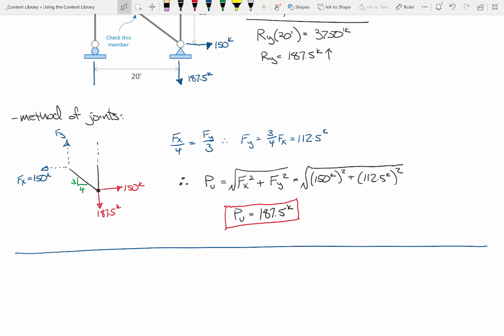But I don't want to skip ahead. I want to make sure that everybody understands that this is the load that the member is being subjected to. Not 100, not 150, but this. And by the way, is it tension or compression? We're looking at tension members, right? So it better be tension, right? Sound good?